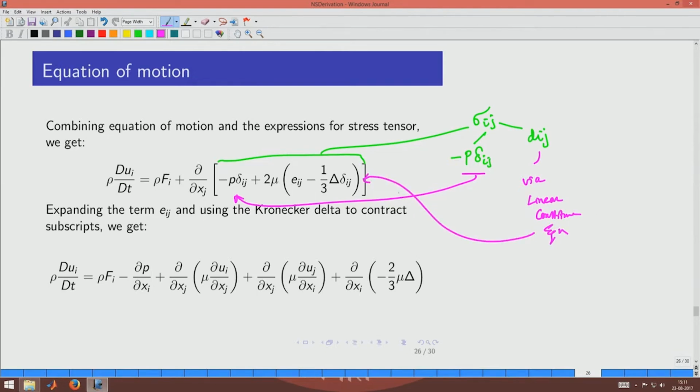So, the expression written in the equation of motion is used as it is, except that we have expanded sigma on the right hand side.